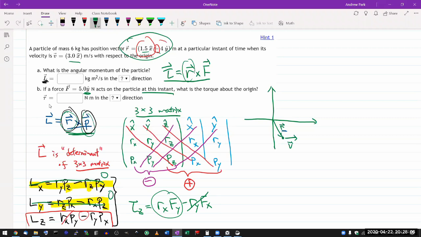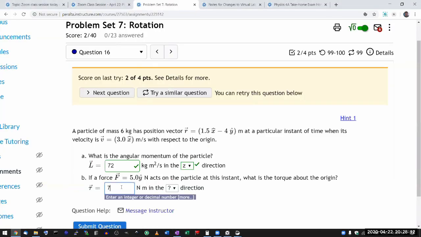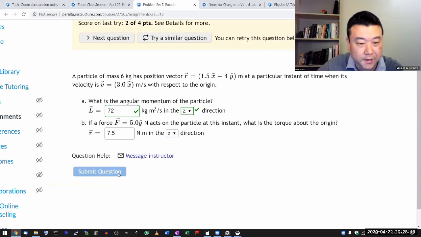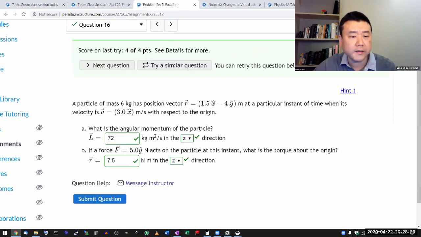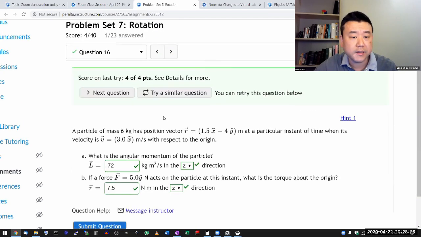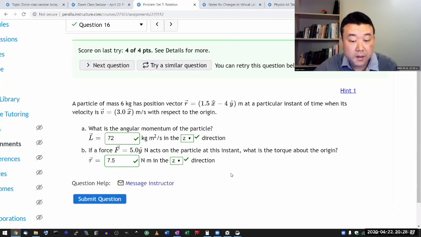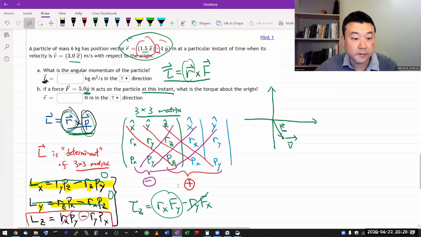So that's 7.5 Newton meters. And it was positive, so it should be again the positive z direction. Yeah, negative wasn't an option anyway. I think there are a few questions like this on your homework set that tell you to apply the component definition of the cross product.